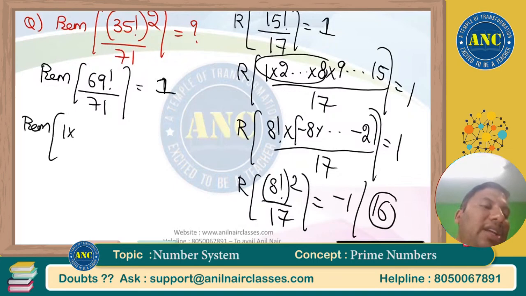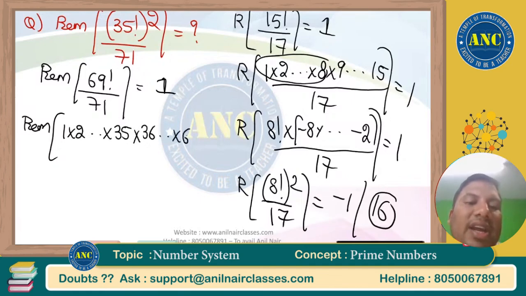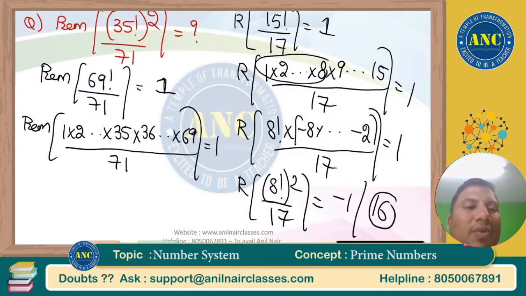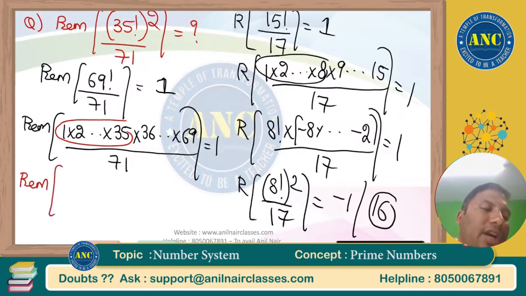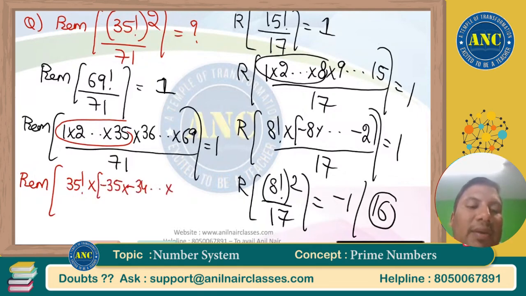69 factorial is 1 into 2 till 35, next it is 36 till 69 divided by 71. It is nothing but 1. Till here clear, right? Now 1 into 2 till 35 is 35 factorial. 36 by 71 is minus 35, minus 34, up to 69 by 71 is minus 2, divided by 71 is 1.